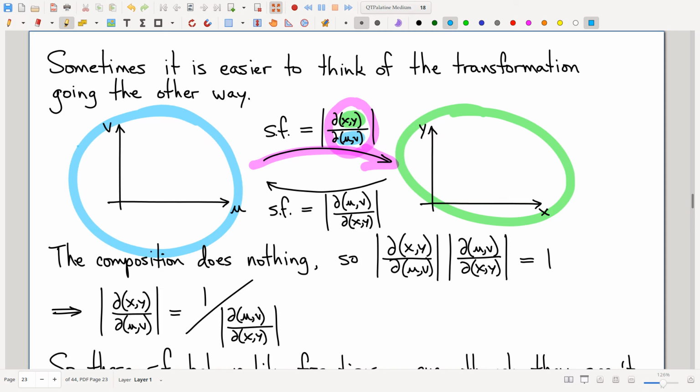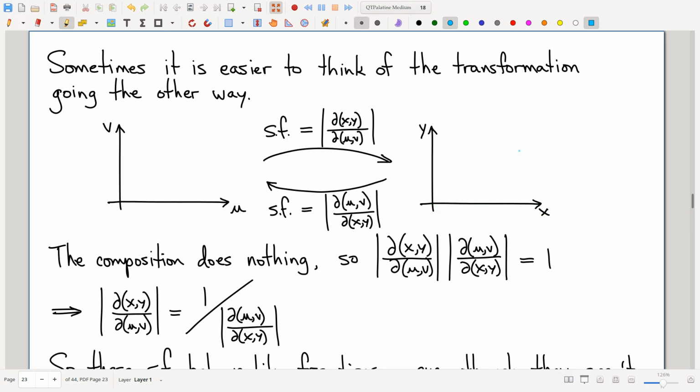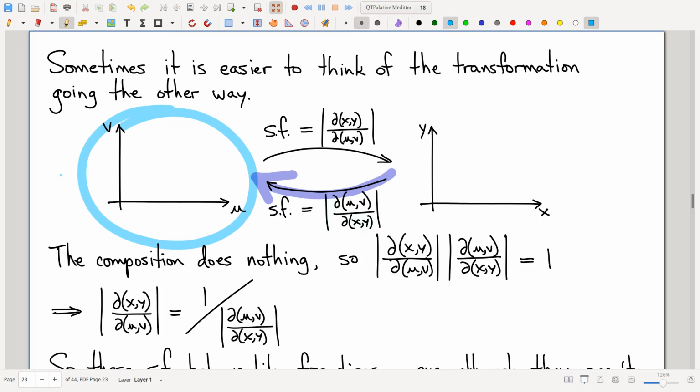Now, if this were, as it must be anyway, an invertible change of variables function, then I could talk about its inverse. I could ask the question, what would be the stretching factor for this inverse? Well, U and V are the outputs for that inverse function.